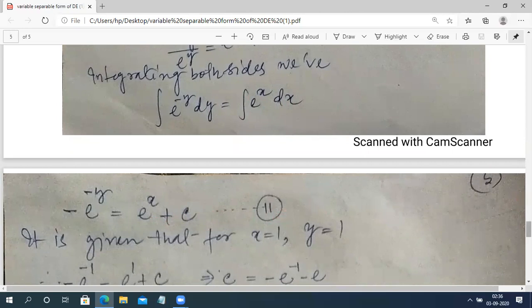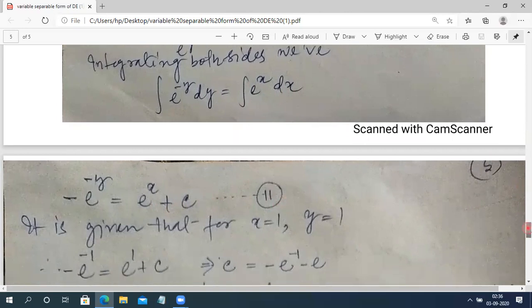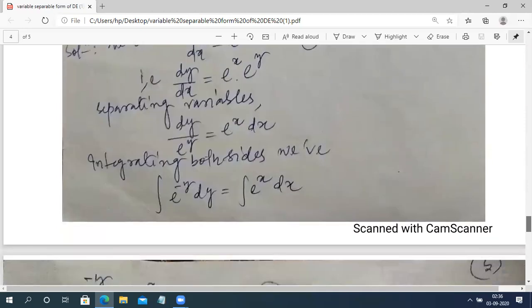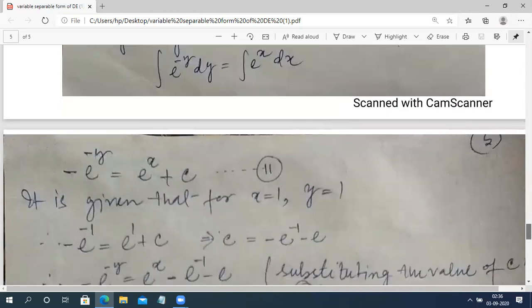Now come to the initial condition. What is the condition given? The value of y is equal to 1 when x equal to 1. Okay, so use this condition. We just substitute here x is equal to 1, y is equal to 1. So what will happen?